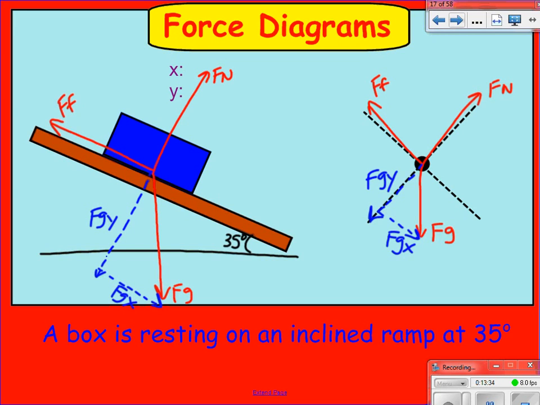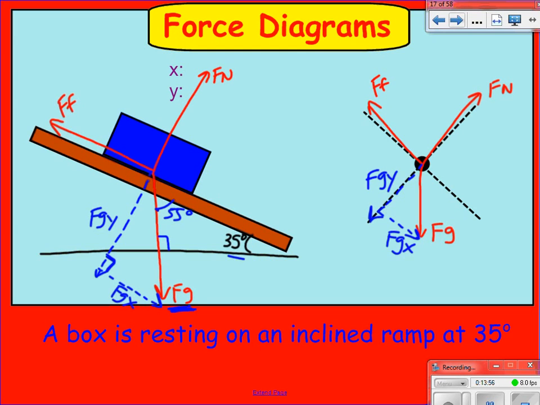Notice how force gravity y and x make a right angle with each other. Now, when I drew in the force gravity, I made a right triangle right here. And so if this is 35 degrees, this angle right here has to be 55 degrees, so that everything adds up in the triangle to be 180 degrees.